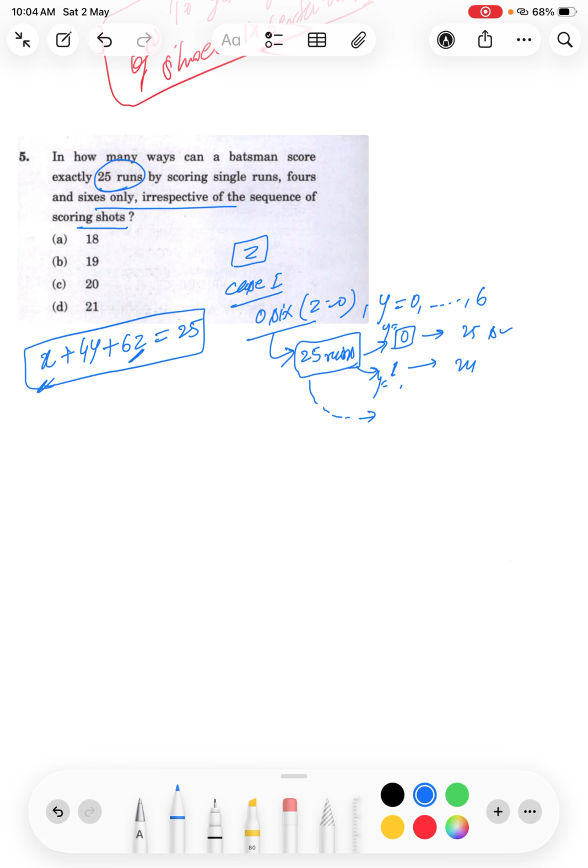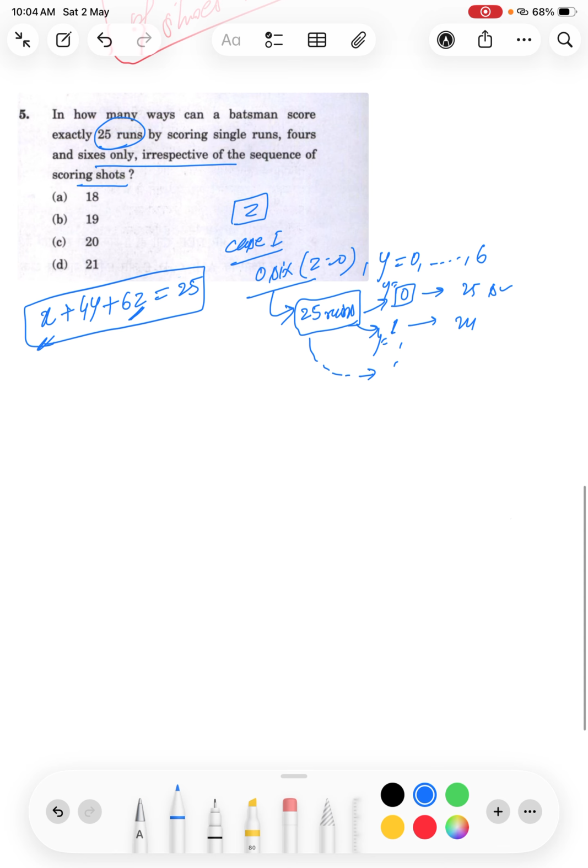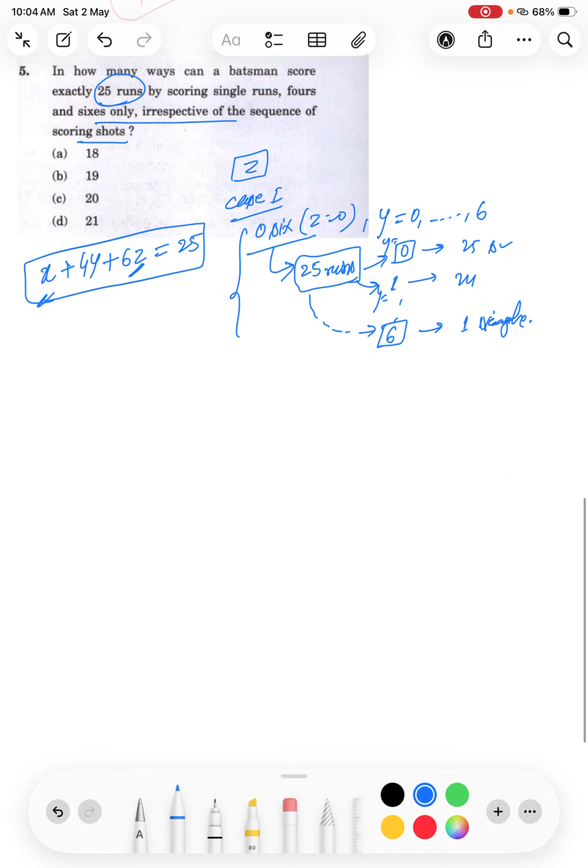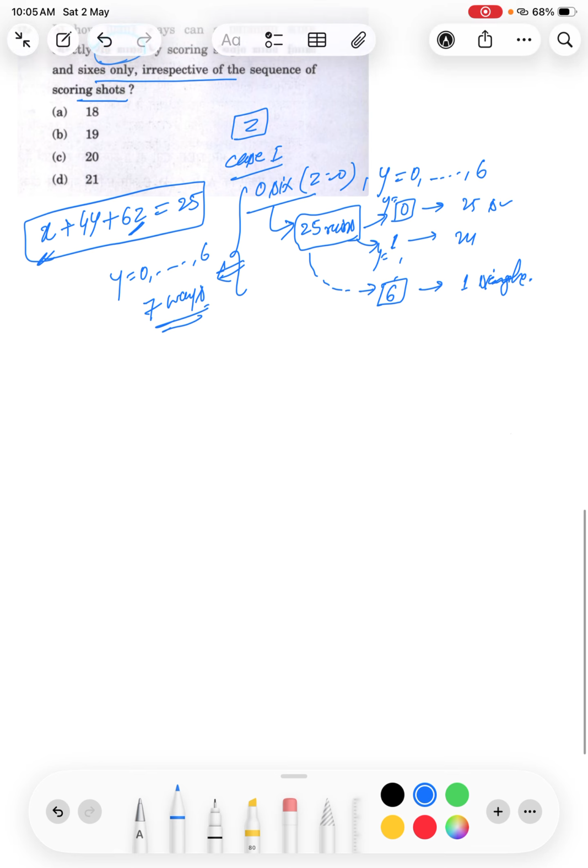Likewise, maximum you can score 6 fours and 1 single. So in how many ways are you able to score 25 runs in this first case? Y is taking values from 0 up until 6, so you have 7 ways when you did not hit any 6.